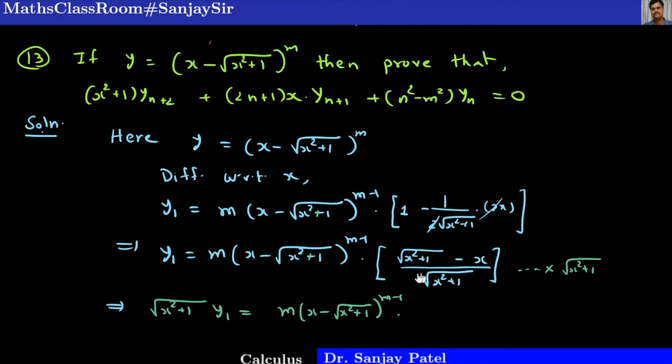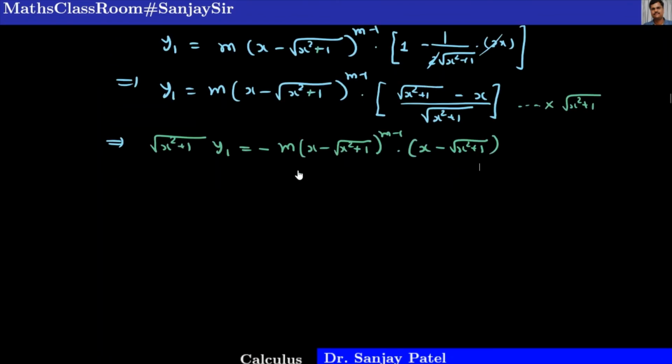in this second square bracket, I want to take the minus sign common, and what remains here will be x minus square root of x square plus 1. So this gives us square root of x square plus 1 times y1 is equal to minus m into (x minus square root of x square plus 1) raised to m.